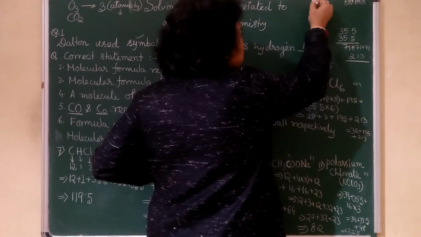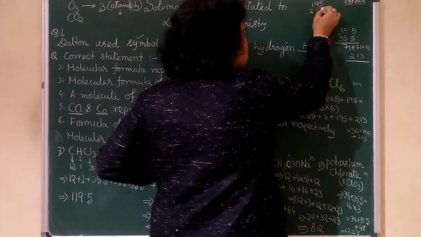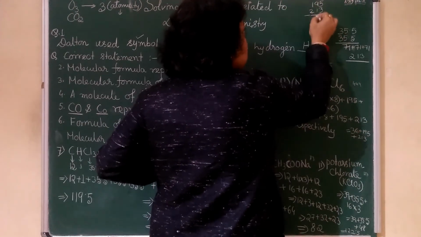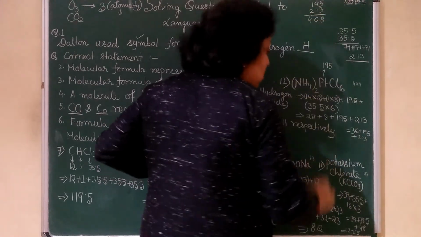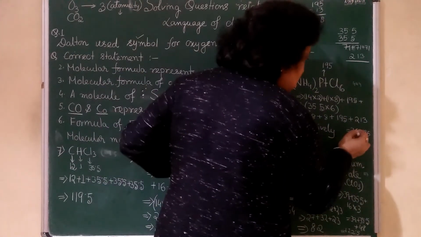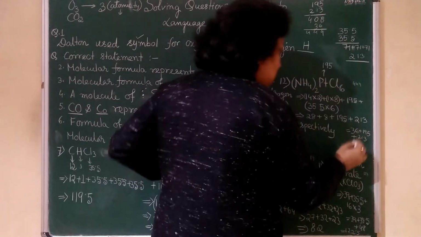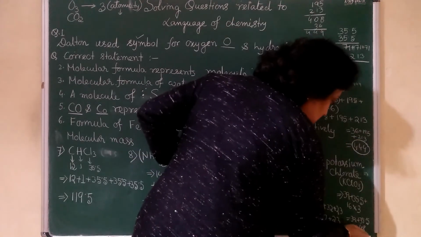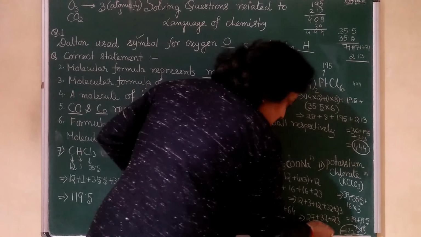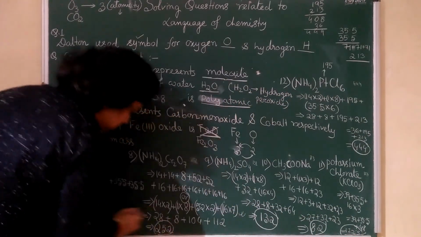Add it. 195 and 213: 8, 10, carry 1, 408. So 408 and 36 will be 444. So it is 444. So these are the masses which we have calculated.